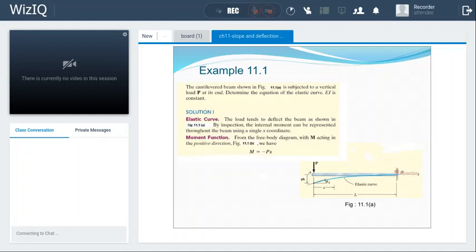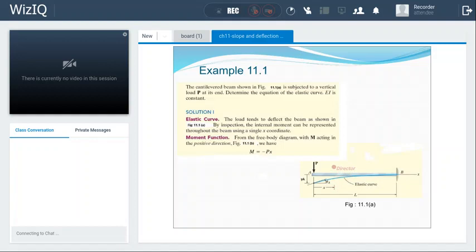In the case of cantilever, one end is fixed and the other end is free. Here we have a point load which is applied at the free end of the cantilever. So we need the bending moment equation. So take a section here at a distance x and find the value of bending moment.